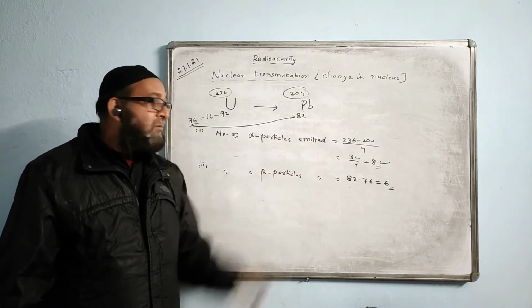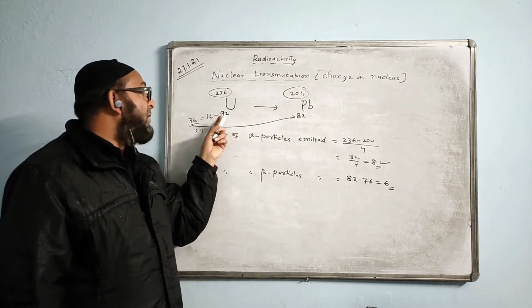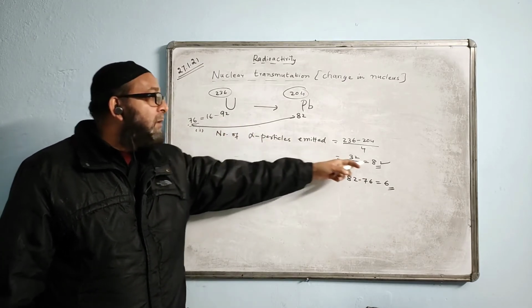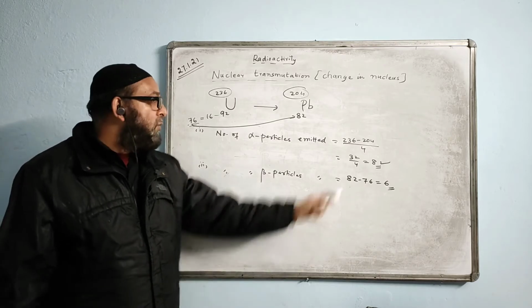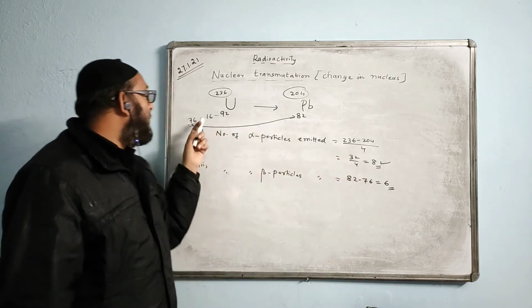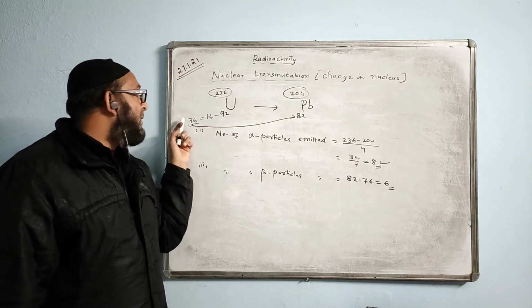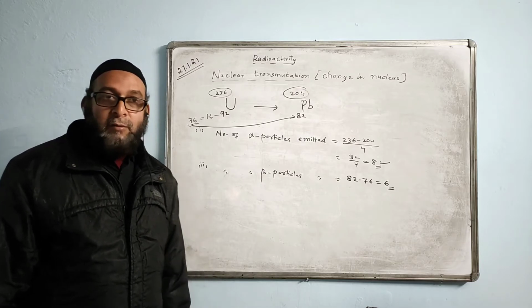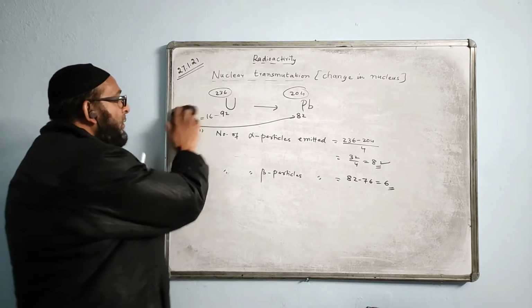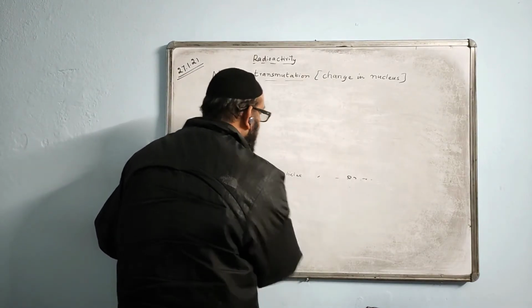But the alpha particles emitted will cause a change in this value also, according to the number of alpha particles. 1 alpha particle decreases the value by 2. So for 8 alpha particles, 8 into 2 is 16. 92 minus 16 is 76. Then we compare and check how much is the increase in the value, and that will give the number of beta particles. Hope you understood it. If any doubts, please ask for clarification. Don't hide it with you.